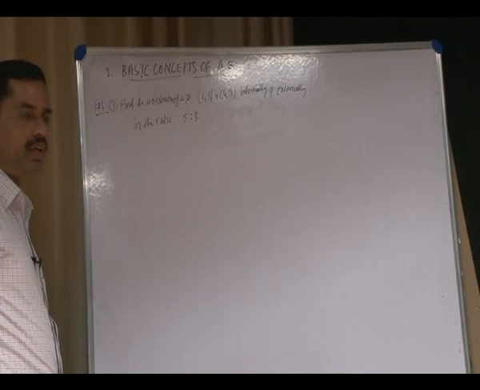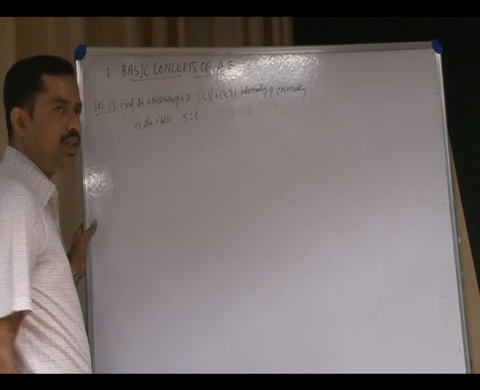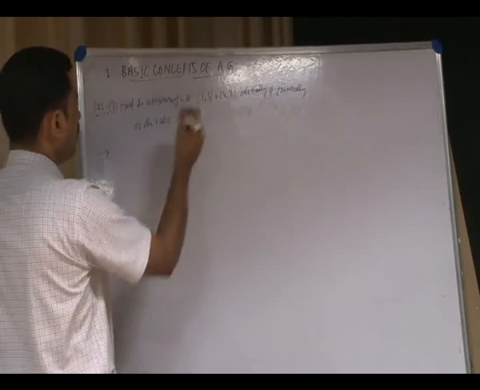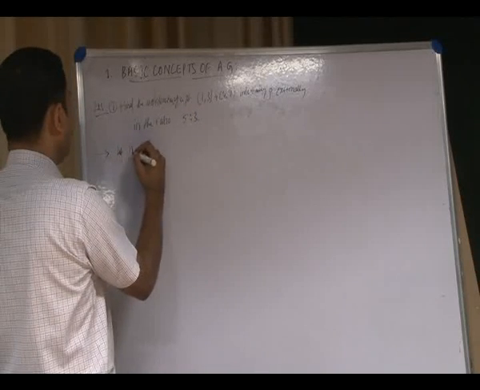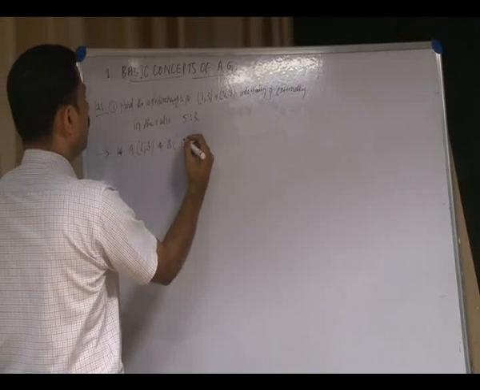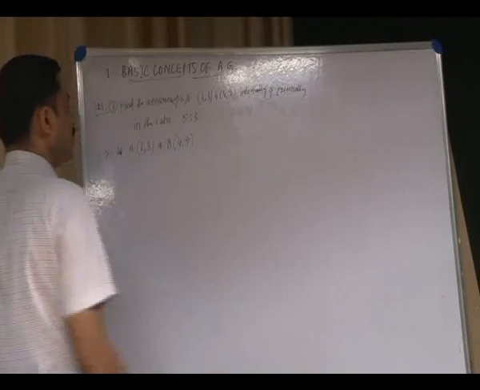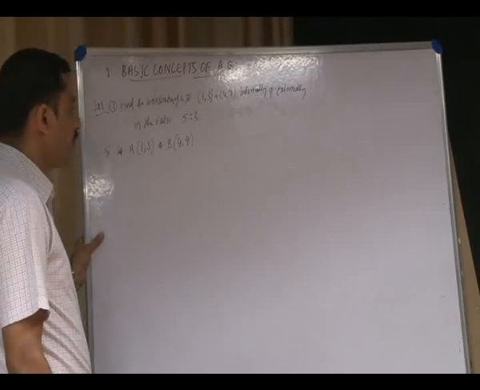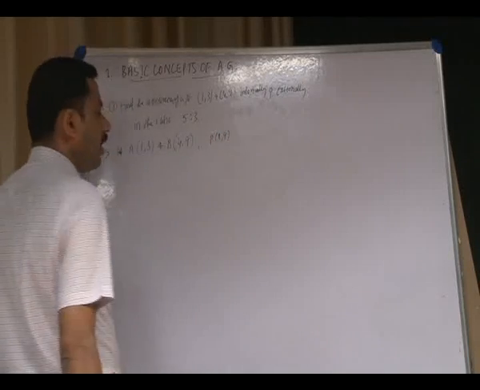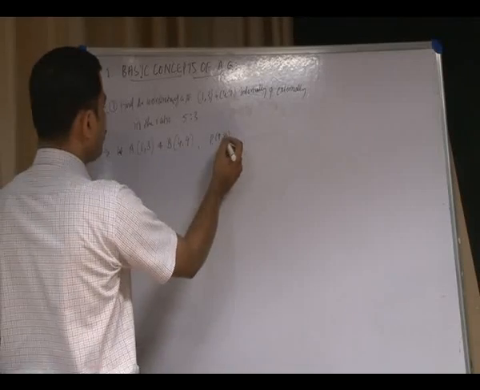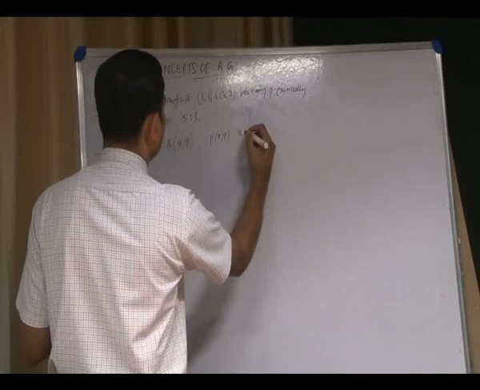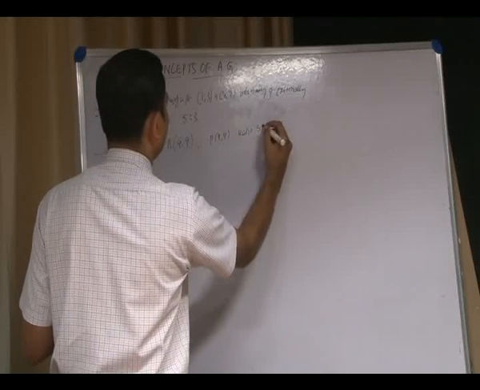So, you have to find the coordinates for internal division as well as external division. Here, first I will consider the given points as: let A (1, 3) and B (4, 9) be the given 2 points, and P (x, y) is the point of division. This point divides the line joining these 2 points A, B internally and externally in the ratio 5:3.